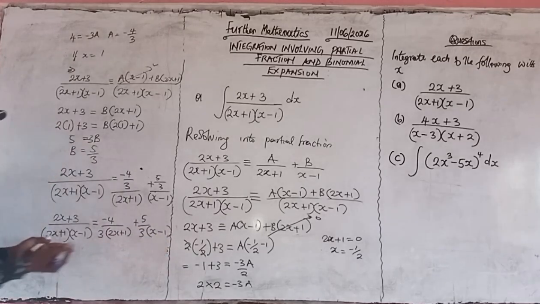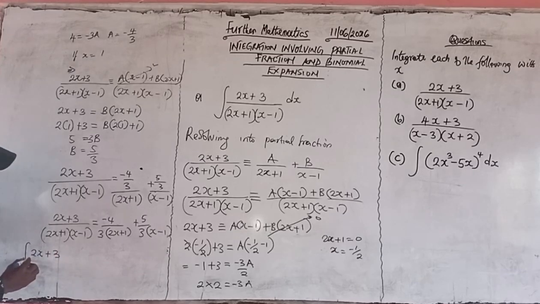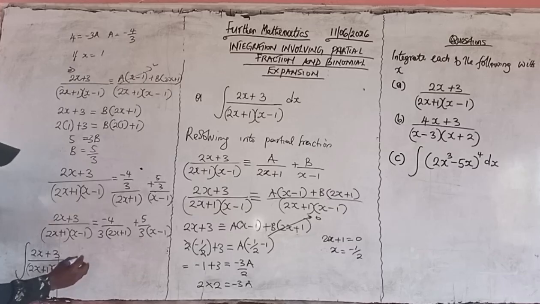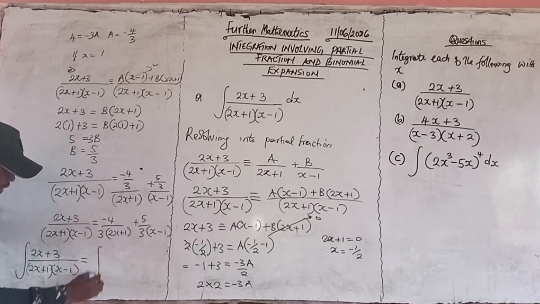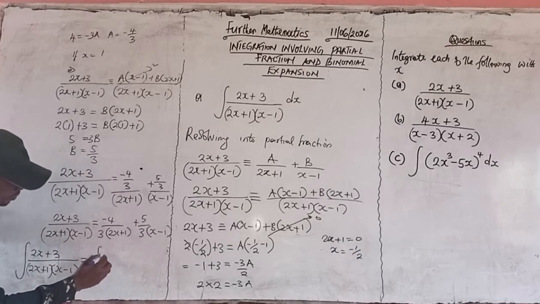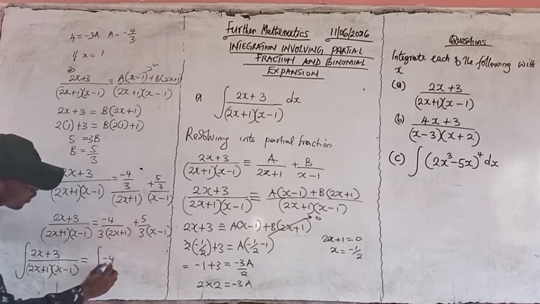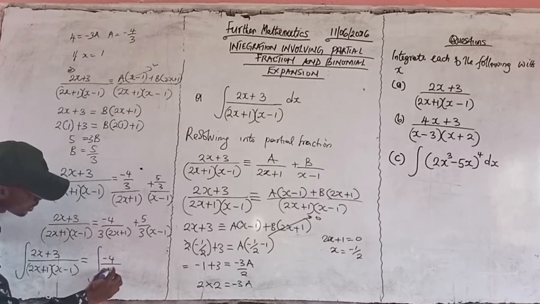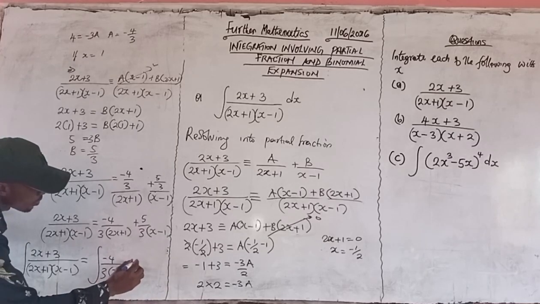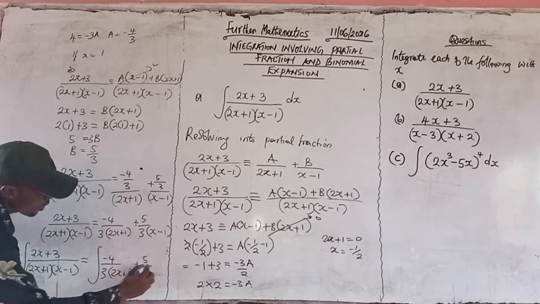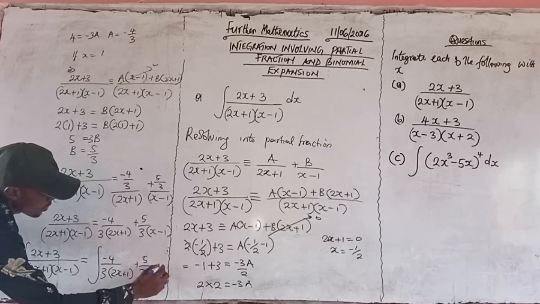So having resolved this into the partial fraction, you can therefore say that the integral of 2x plus 3 over (2x plus 1)(x minus 1) dx is equal to the integral of minus 4 all over 3(2x plus 1) plus 5 all over 3(x minus 1).